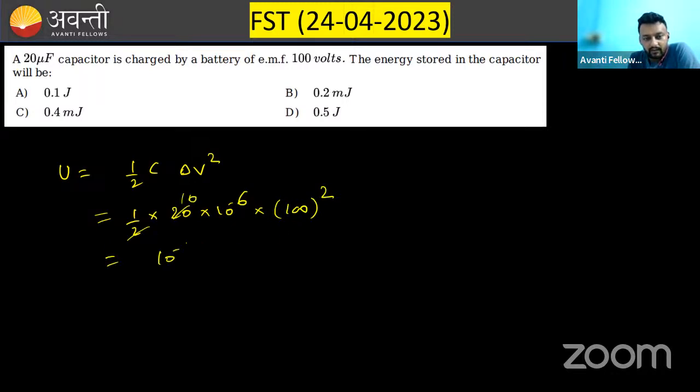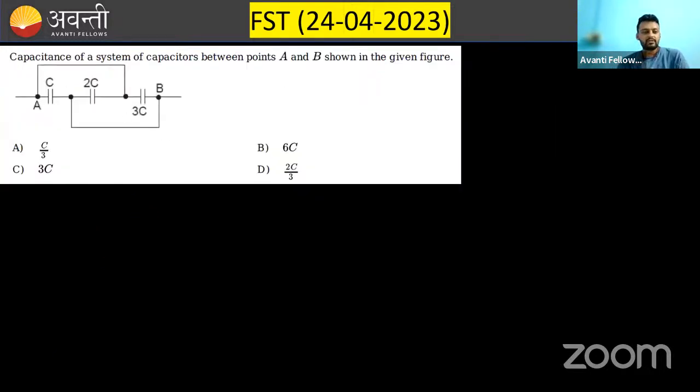That is 10 to the power minus 1 joule, which is option number A. Very good. This is a doable question. Now, next question. This is also a doable question, I think.